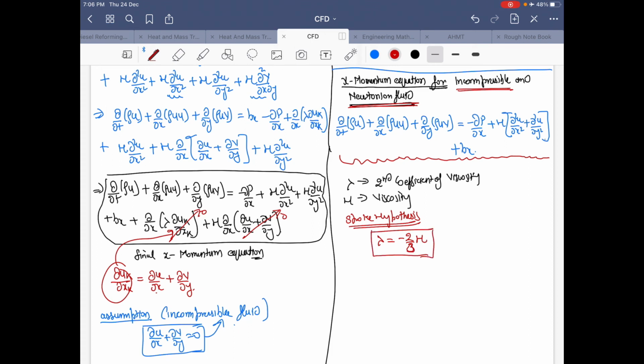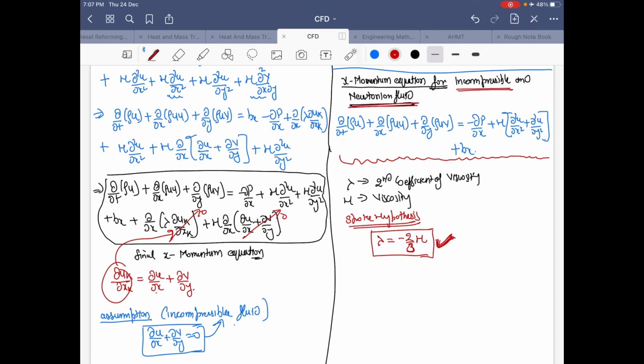This was just a hypothesis given by Stokes, but it is not proven experimentally. But if you apply this value to your equation and solve your problem for flow over a flat plate, or solve the equation numerically using this λ, the second coefficient of viscosity, equal to minus 2μ/3, then your results match very well with the experimental results.